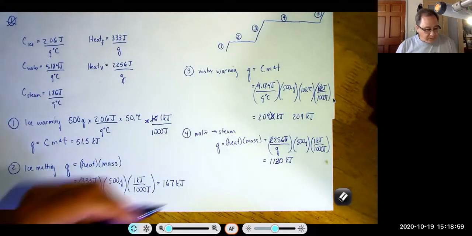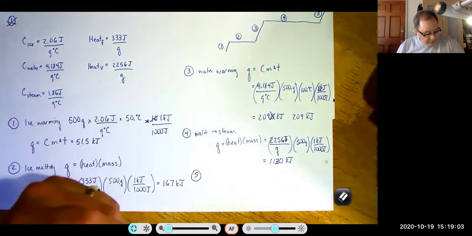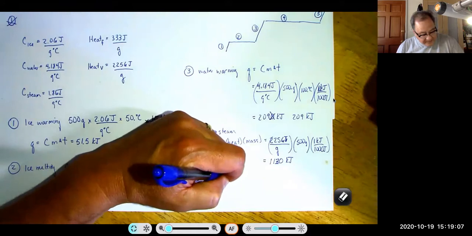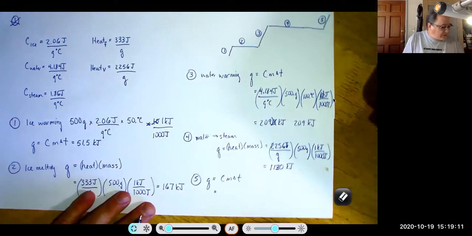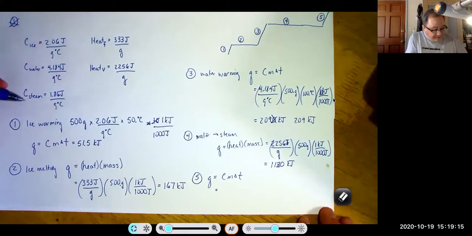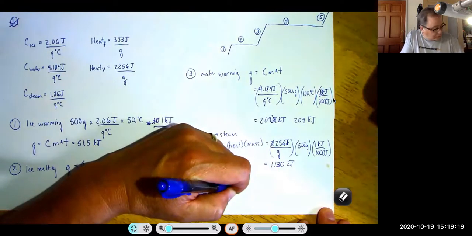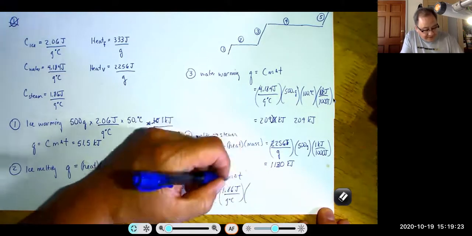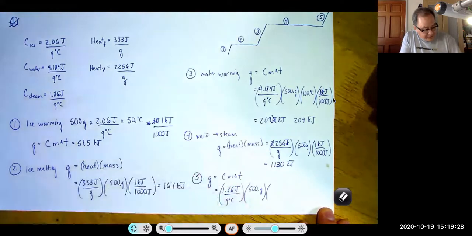And for number 5, we're going to use Q is equal to C m delta T. And we're given that the specific heat capacity of steam is 1.86 joules per gram degree Celsius times the mass, 500 grams, times the change in temp.